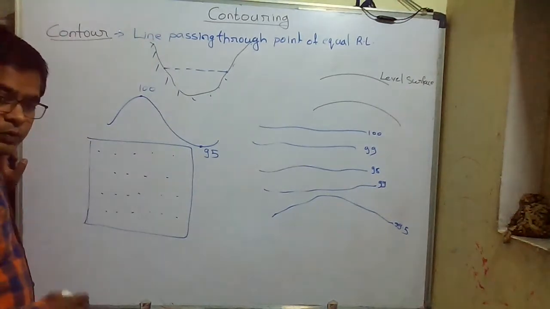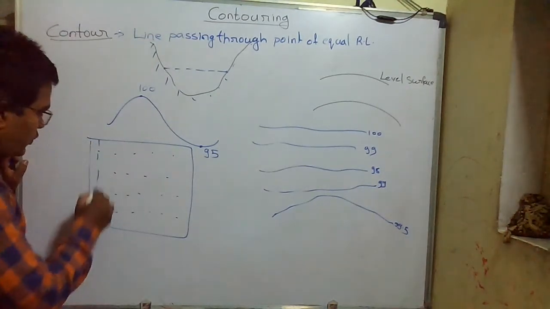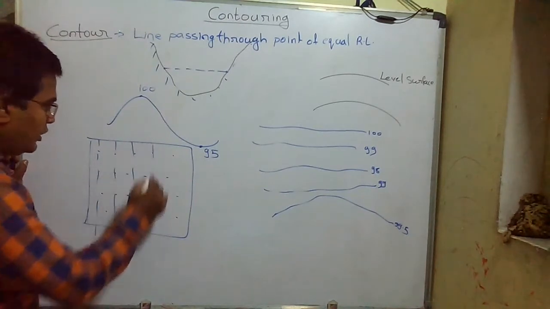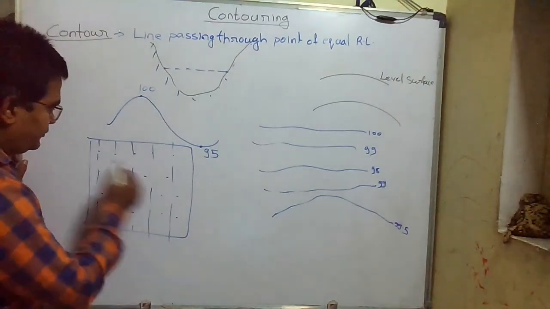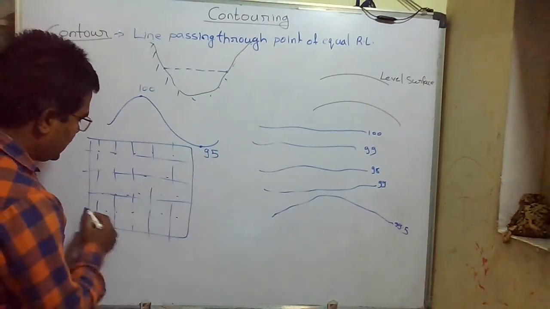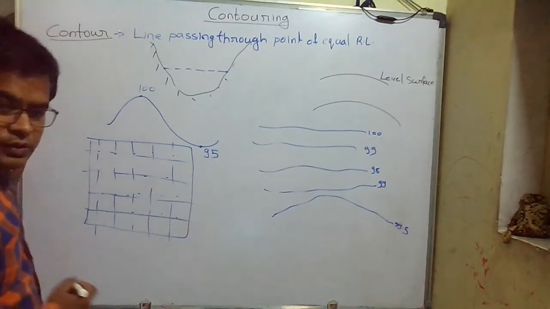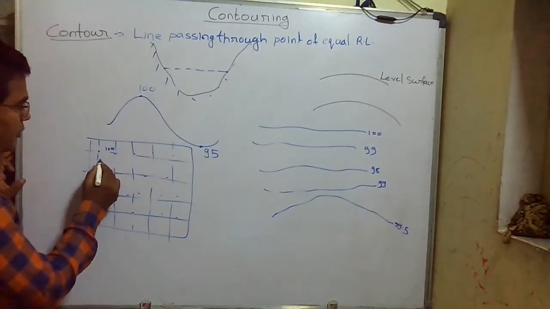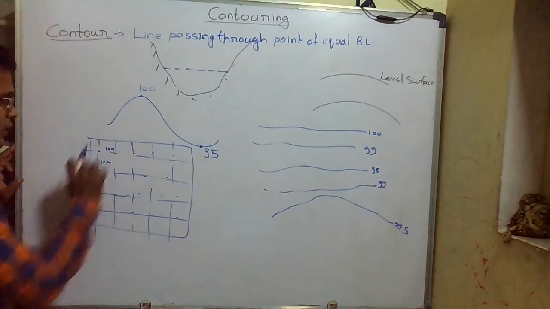First, we have divided this area into grids. Grid means each point is at a distance of, suppose, 10 meters horizontally and vertically.